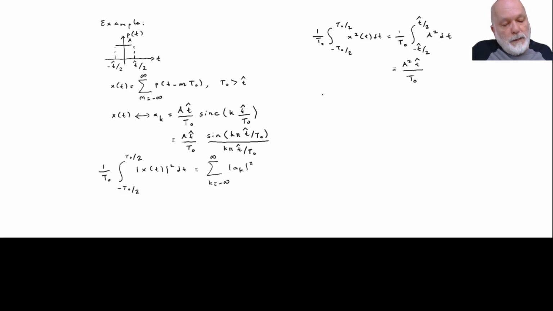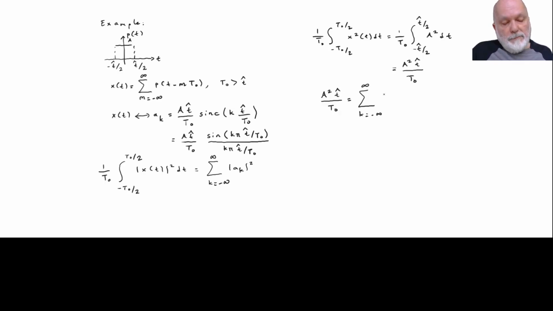Therefore, by Parseval's identity, A squared t cap over T0 is equal to the sum over k from minus infinity to plus infinity of the square of the coefficients, because the coefficients are real valued, therefore we can take the squares. Otherwise, if the coefficients are complex valued, then you have to take the modulus first and then the square.